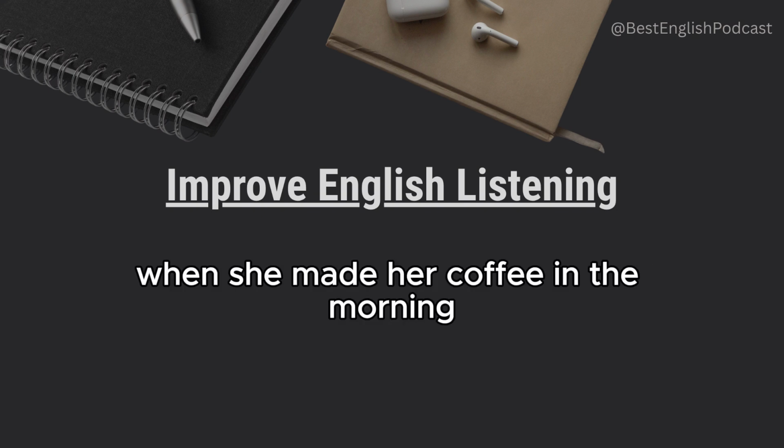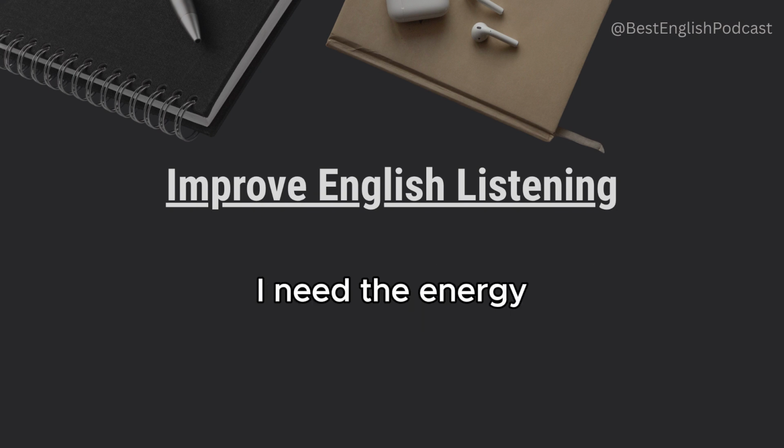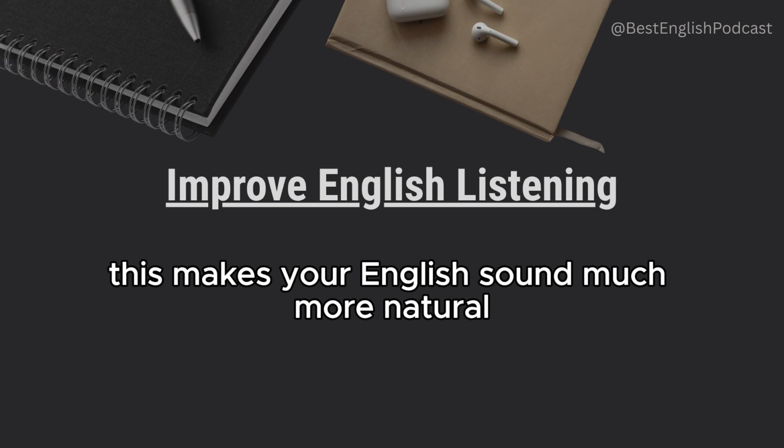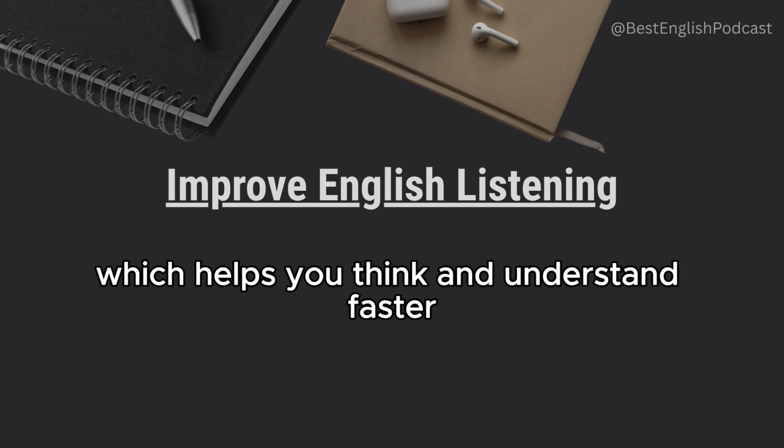When she made her coffee in the morning, she'd think, I'm making strong coffee today. I need the energy. This makes your English sound much more natural and helps your brain expect common word pairs, which helps you think and understand faster.